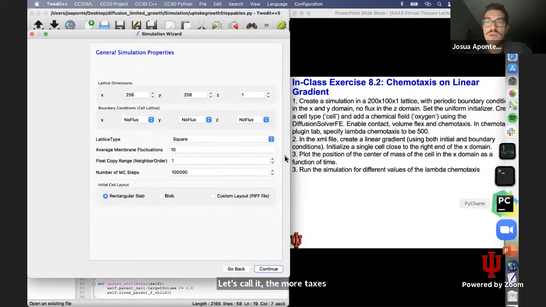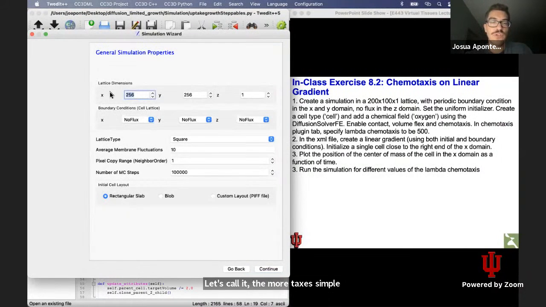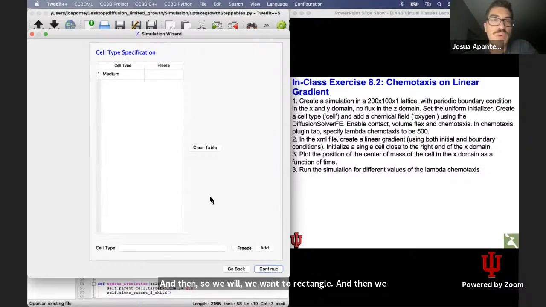And then we want a 200 by 200 lattice, periodic boundaries on the X and Y axis. We want a blob initializer so we can... oh, I'm sorry, it's not 200 by 200. It's 200 on the X axis, but 100 on the Y axis. So we want a rectangle. And then we want a blob initializer so we can initiate one cell.